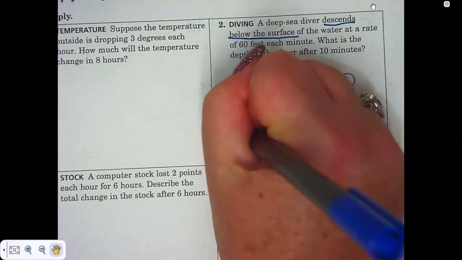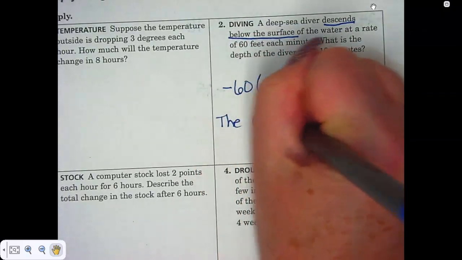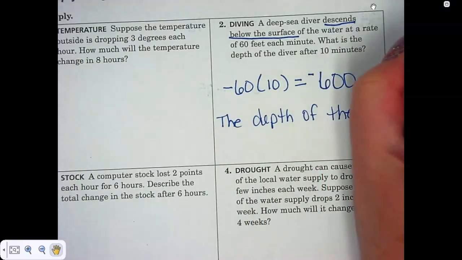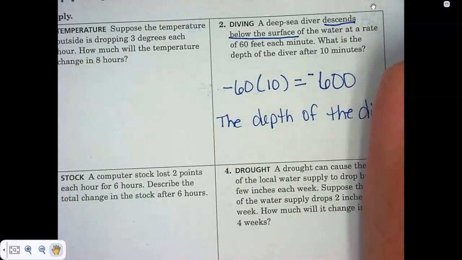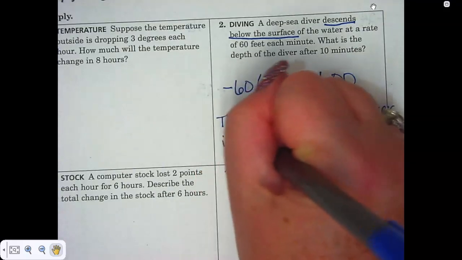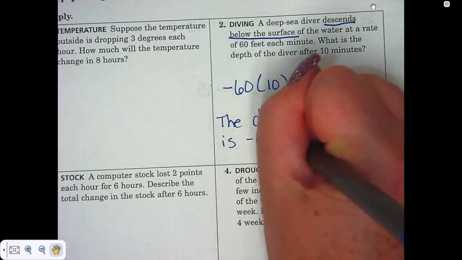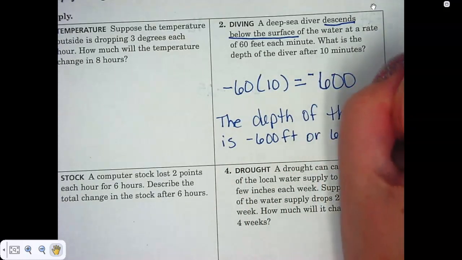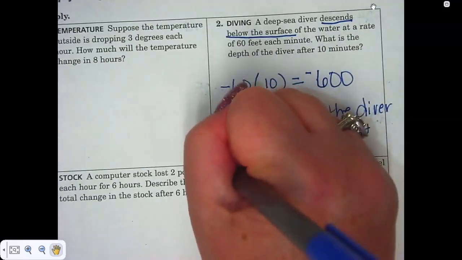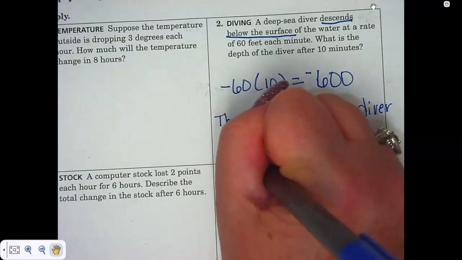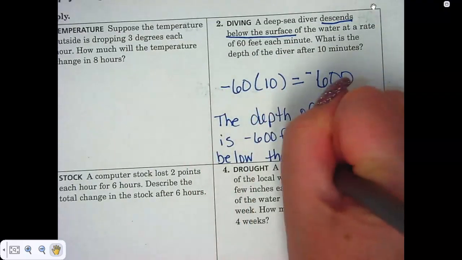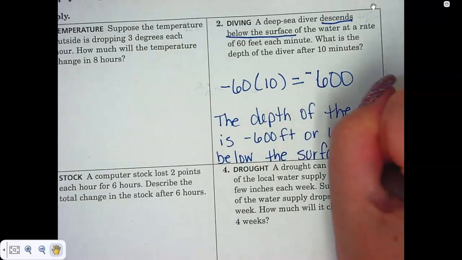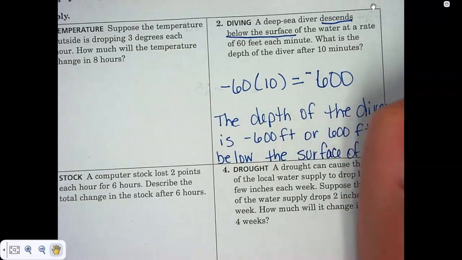So the depth of the diver is, you could say, negative 600 feet or 600 feet below the surface of the water.